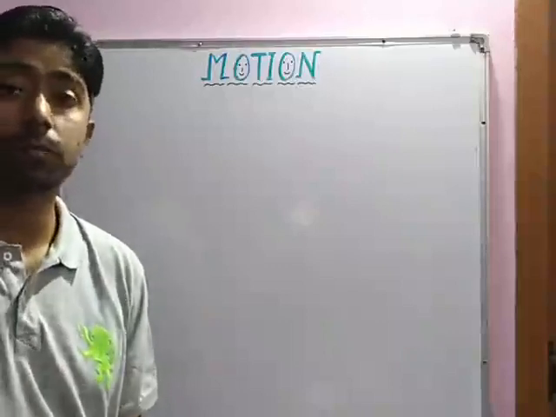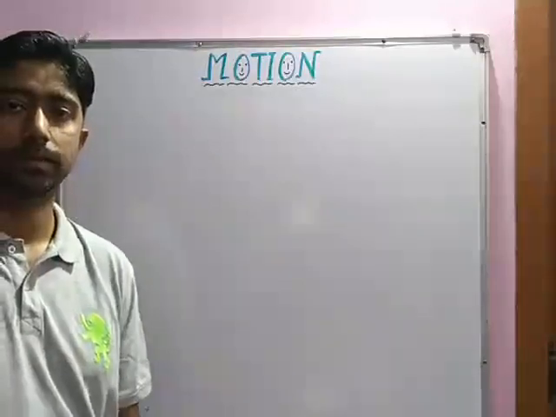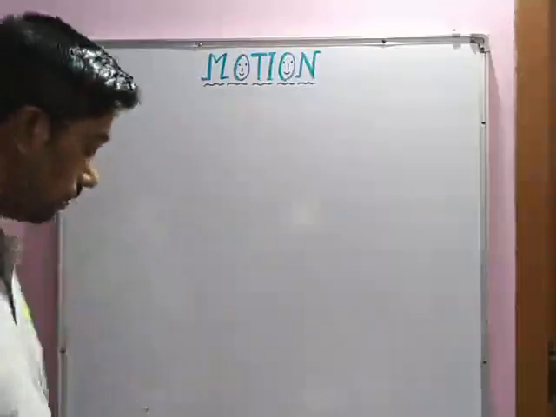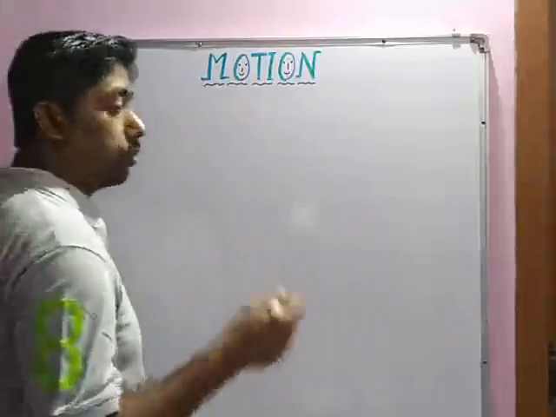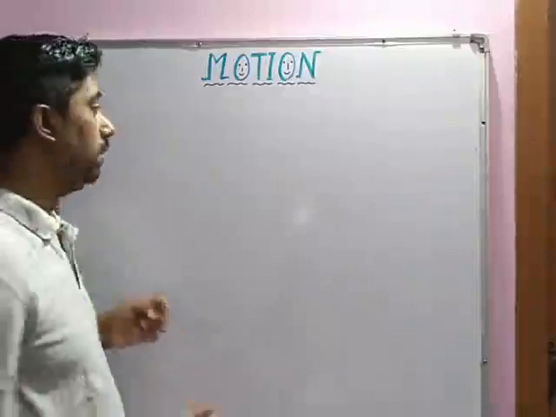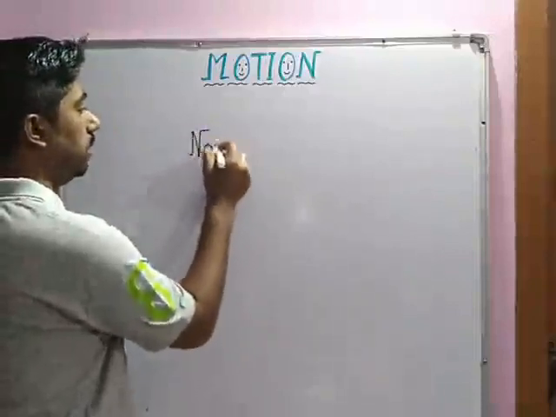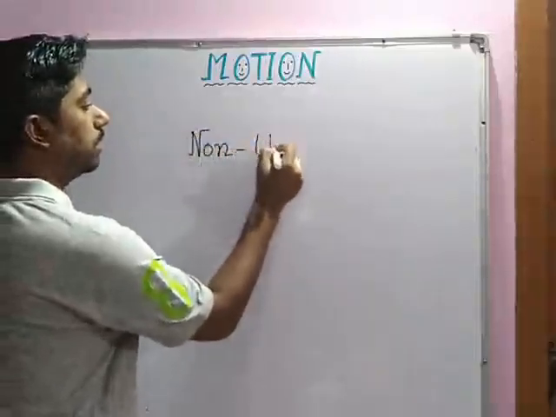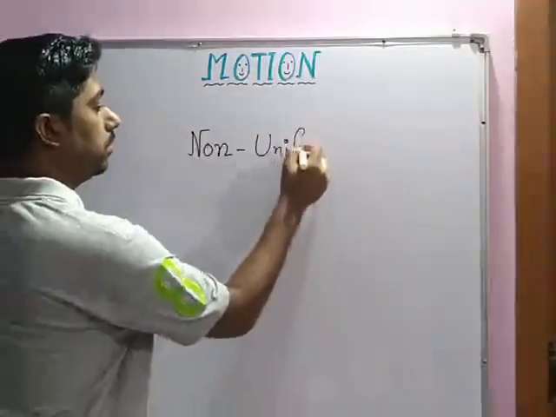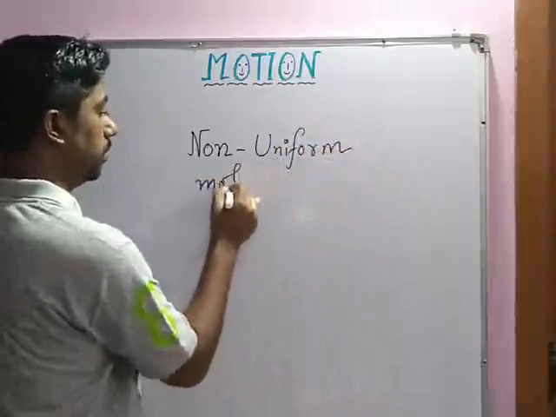What is that type of motion then? If you recall, the motion in which the velocity keeps on changing with time, that kind of motion is termed as non-uniform motion.